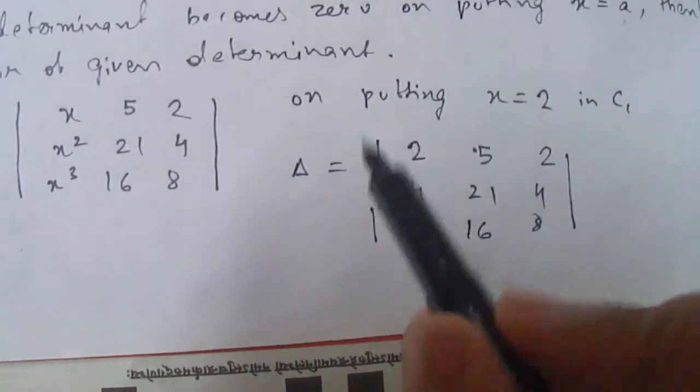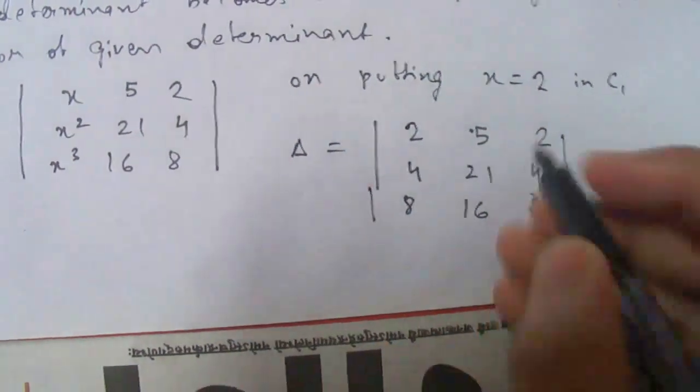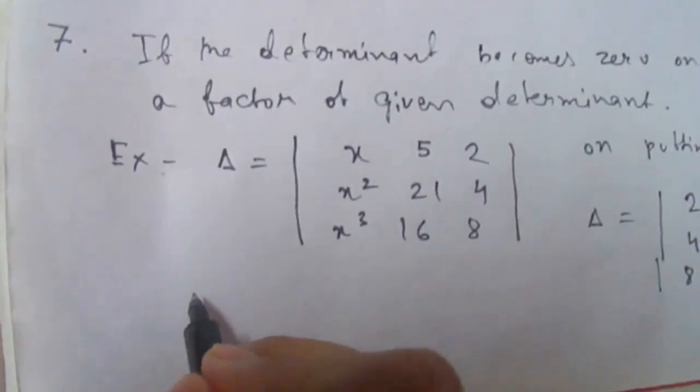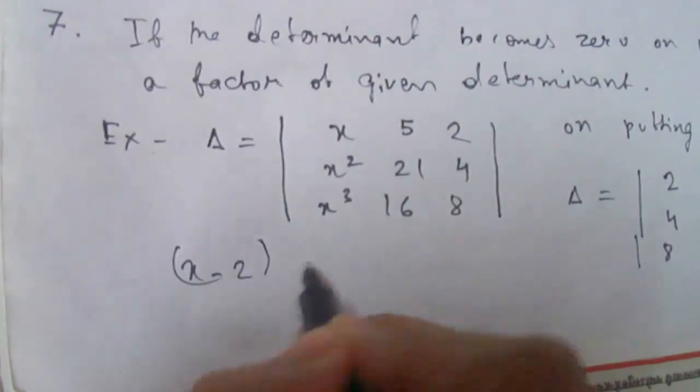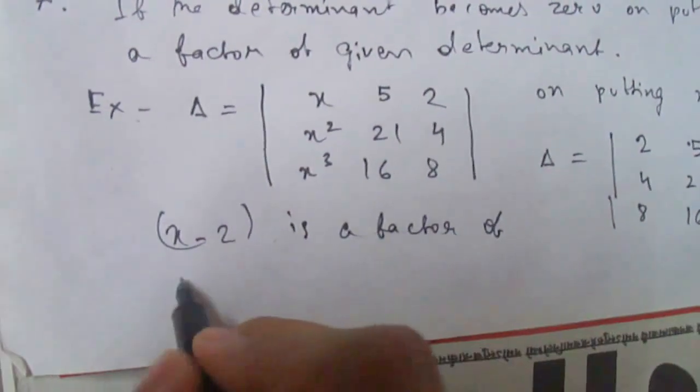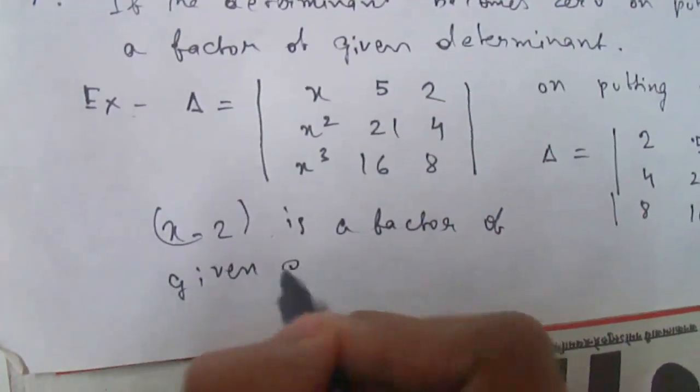Since C1 and C3 are identical, the value of the determinant becomes 0, and hence we can write that x minus 2 is a factor of the given determinant.